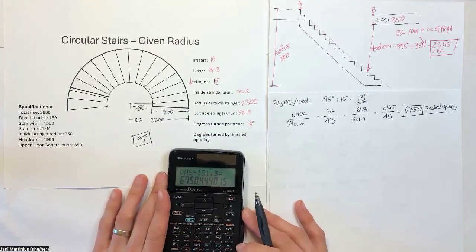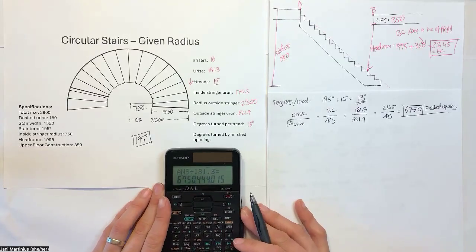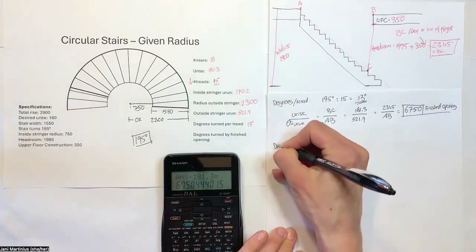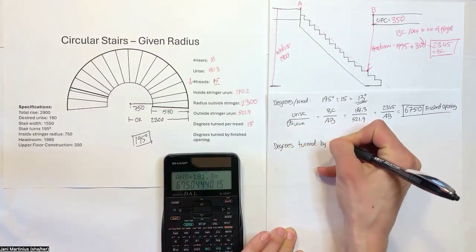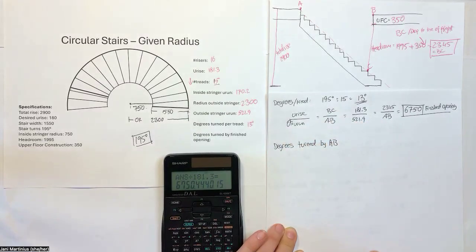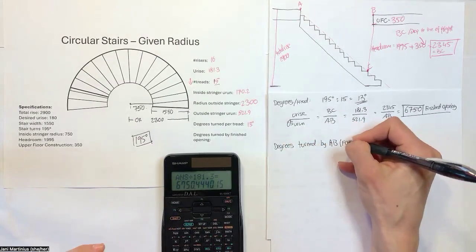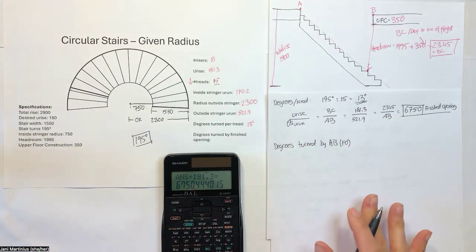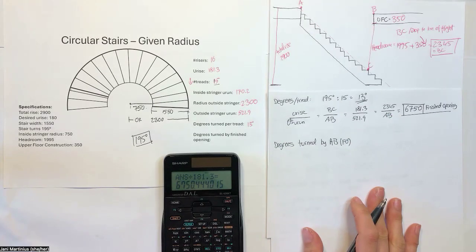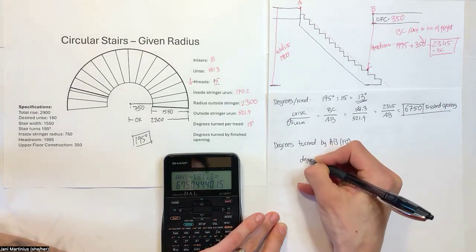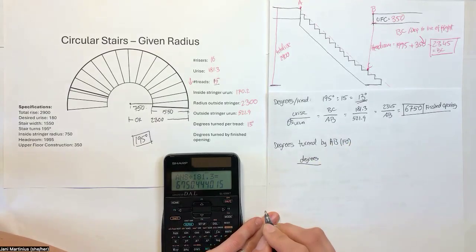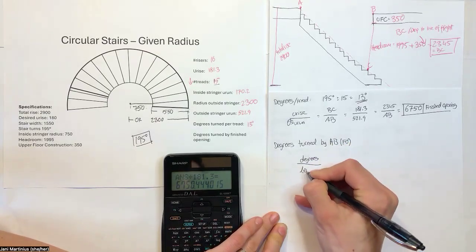Excellent. So now degrees turned by our finished opening. And I'll just call it AB. Often it can also be called FO for finished opening. We can do some more ratio and proportion here. So we want to find the degrees of our opening. So we're going to do our degrees and basically the length.